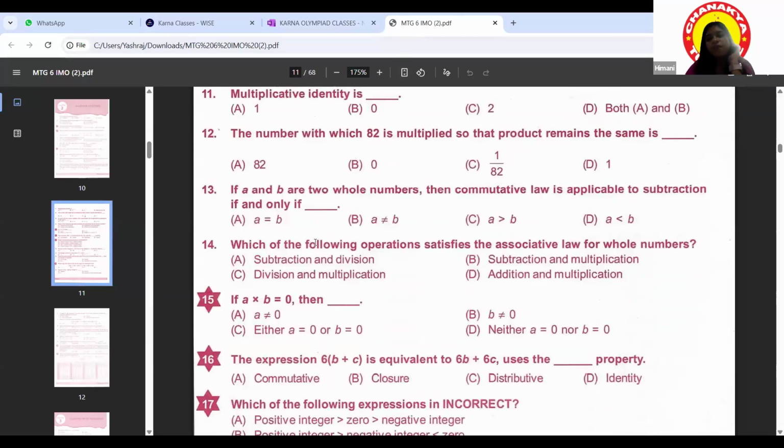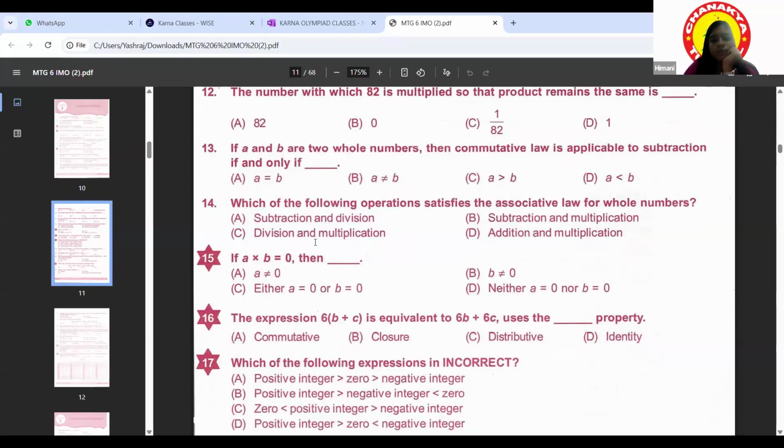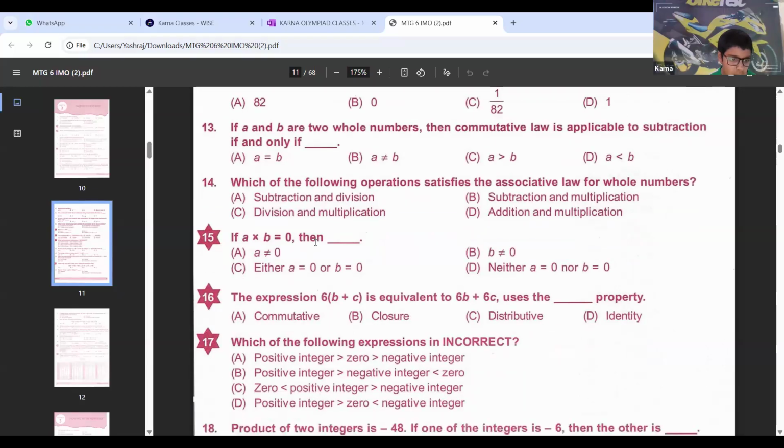15 is not D. Today why so many mistakes? 15 is not D. How come 15 D? This is a simple question. If A into B is 0, then what happens? How can the multiplication of two numbers be 0? Ma'am, one number should be 0.